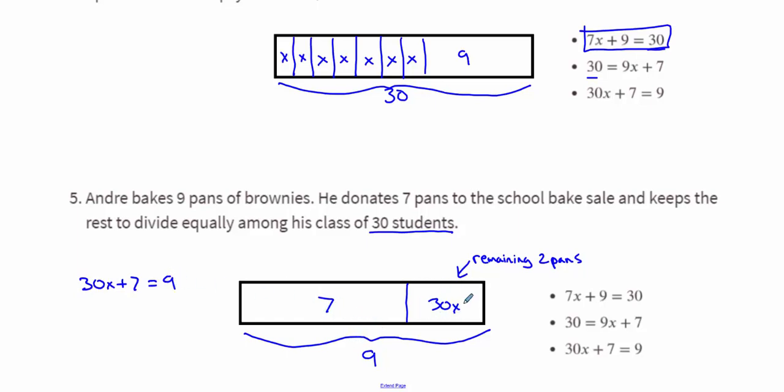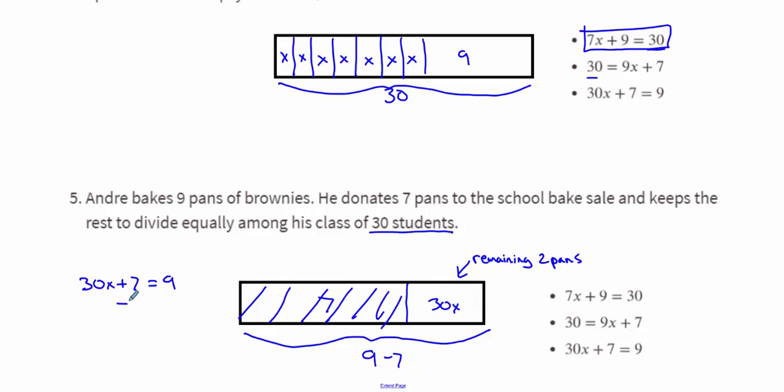So I want to know how much this is right here. So if this whole thing is 9 pans, and I take away the 7 pounds, or 7 pans, that leaves me with just the 2 pans here.